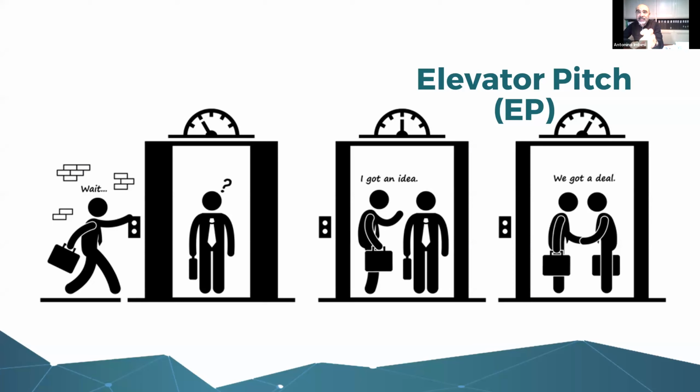Give him the idea in 2 minutes, in 1 minute, in 40 seconds, and maybe if he will be interested, he will give you the appointment to do a second step, a second meeting in which you can present fully your idea, and you will use also the first step, the elevator pitch, also for presenting the desk pitch.